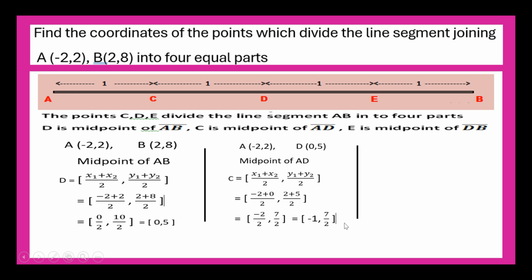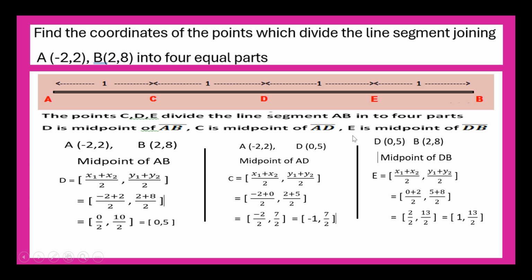Now let us find the midpoint of DB. The midpoint of DB is the point E. The coordinates of D are (0, 5) and the coordinates of B, given in the question itself, are (2, 8).